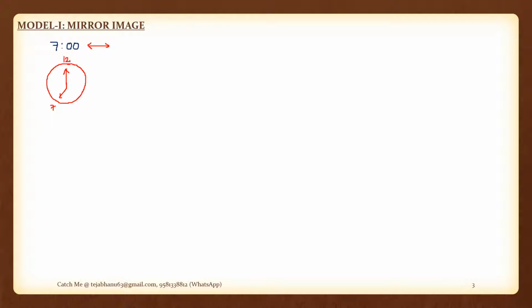And if a mirror is placed in between, then the minute hand position will be the same, but the hour hand switches to this side. That is 5. So the mirror image of 7 o'clock is 5 o'clock.